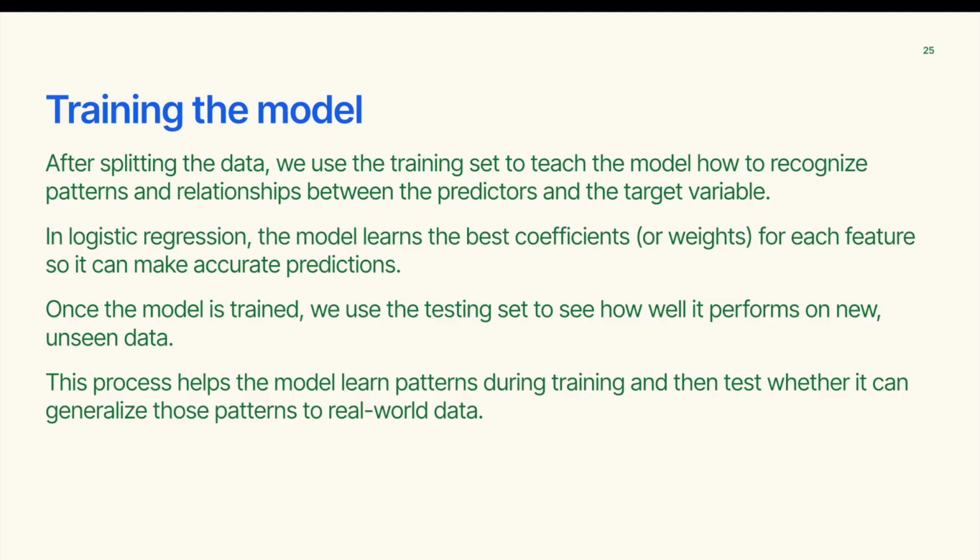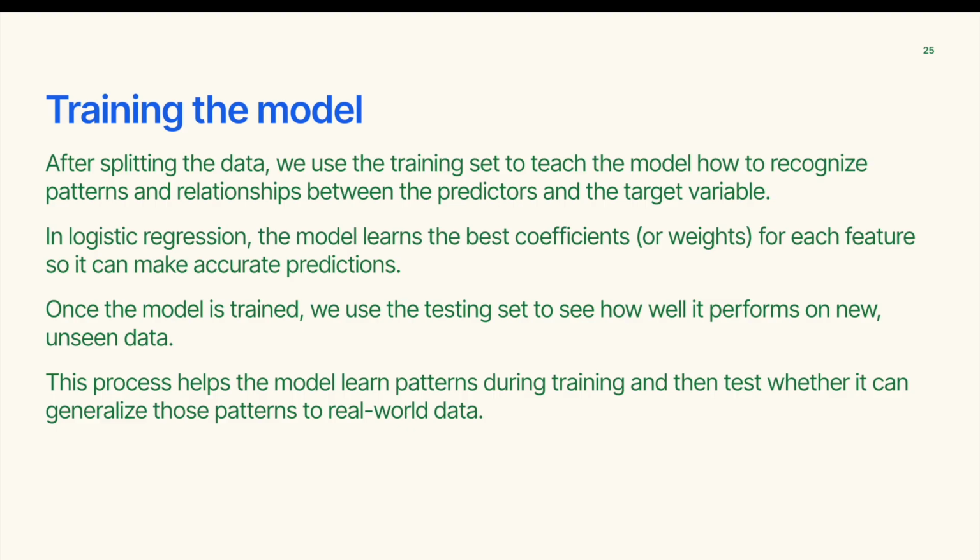We use the training set to do this, so the model looks at all the predictor variables like the mean, radius, texture, and smoothness, and tries to figure out how those features relate to the target variable, which is the diagnosis. In logistic regression, this means finding the best coefficients or weights for each feature. These weights determine how much influence each variable has on the final prediction.